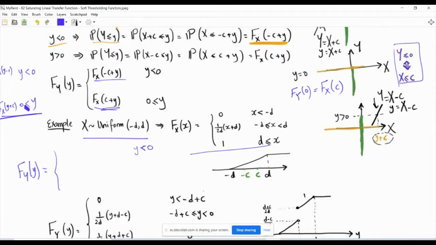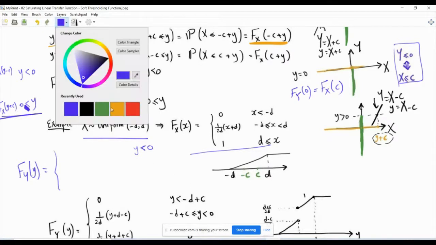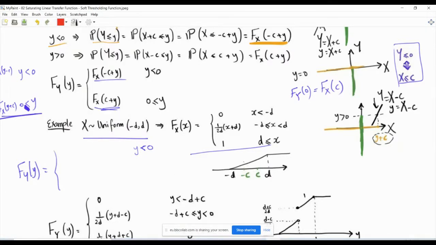Well, the CDF of x here is a bit tricky because we are talking about the CDF of x below minus c. And this is composed of two parts: a linear part with a non-zero slope, and a flat part like this.